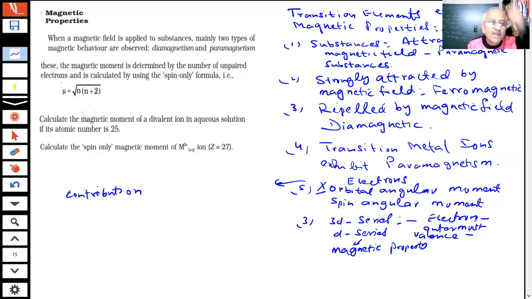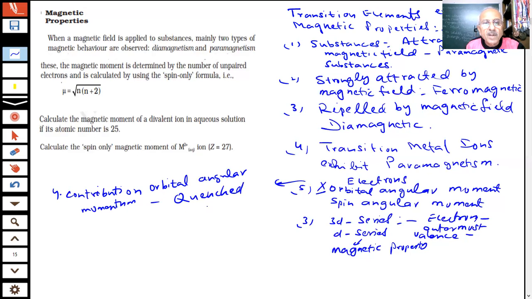The orbital angular momentum contribution is not effective, it is quenched, and therefore is of no significance in the case of the transition elements.